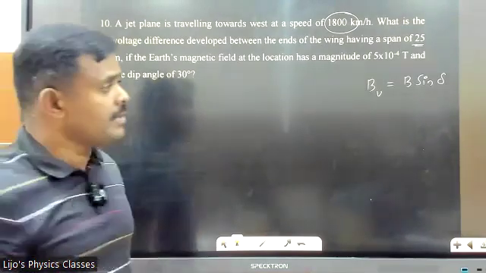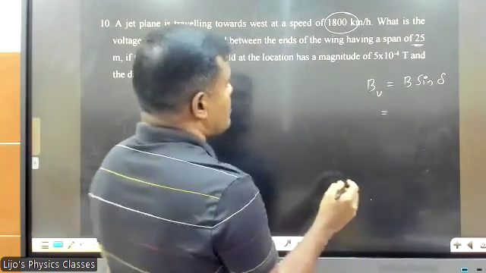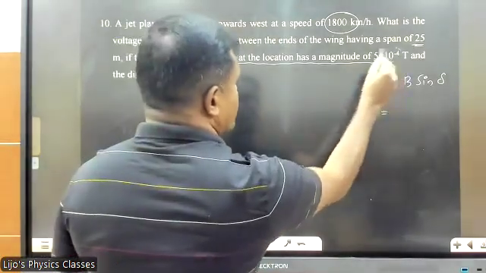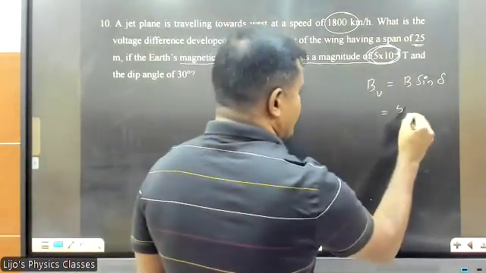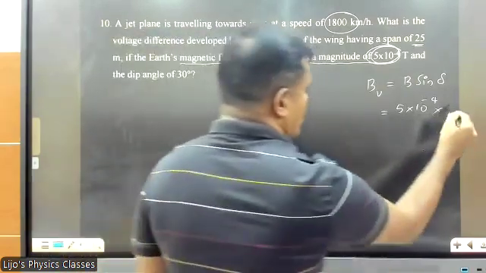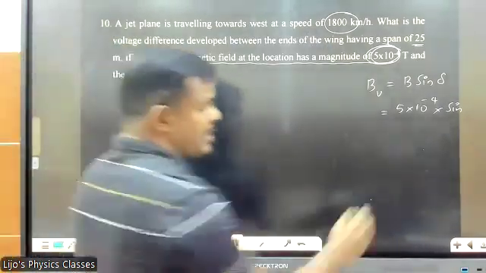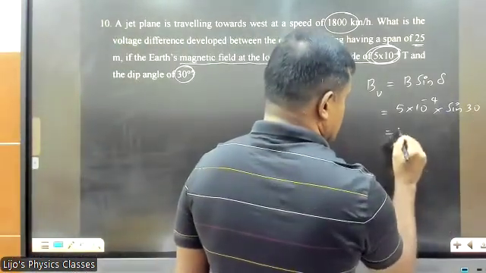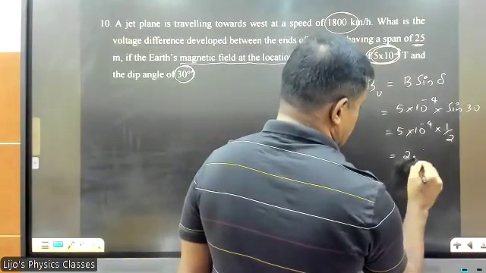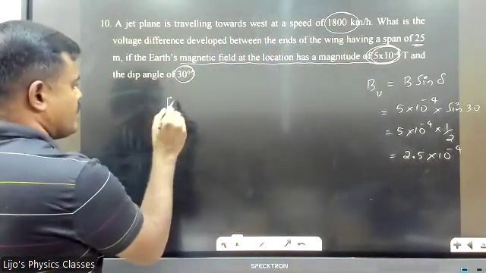The magnetic field is given here. 5 into 10 to the power minus 4 into sine of delta. The angle is 30, sine 30. So 5 into 10 power minus 4, into 1 by 2. If you multiply, you get 2.5.